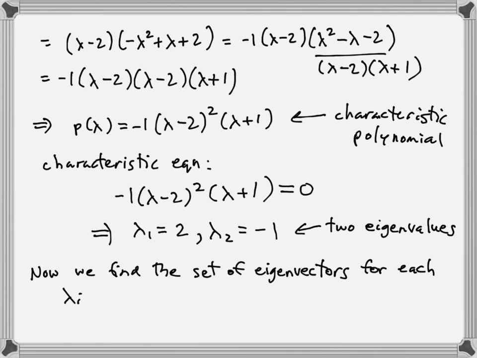So let's start with lambda 1 is equal to 2. This means that we have to solve the following system. So solve, in this case it's a 3 by 3 homogeneous system.